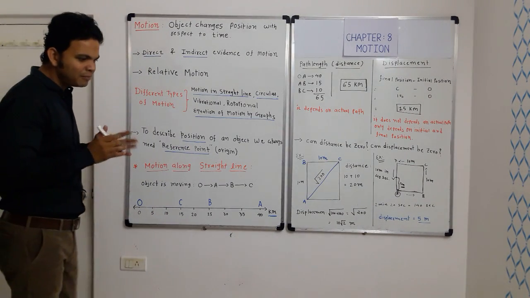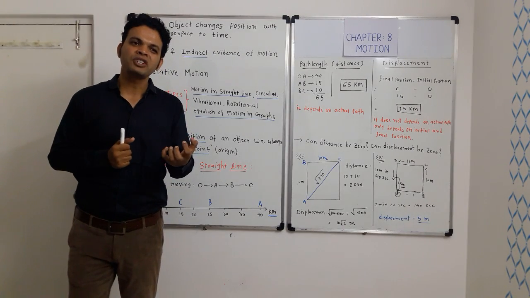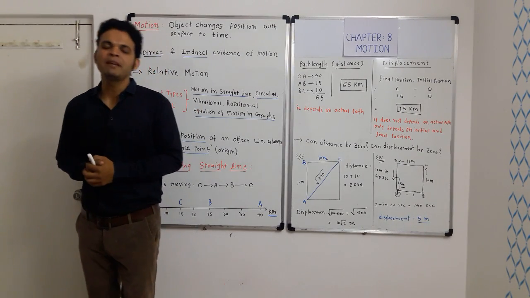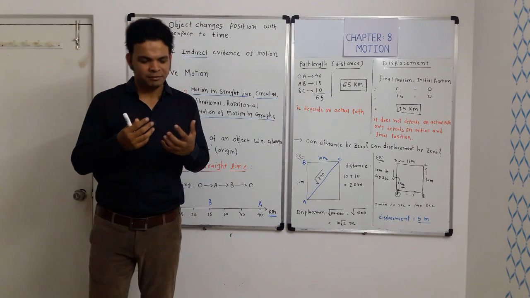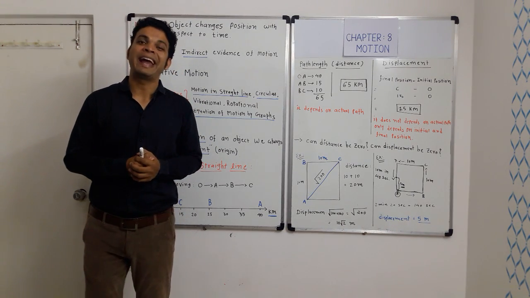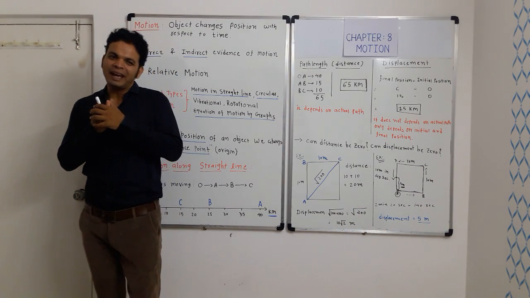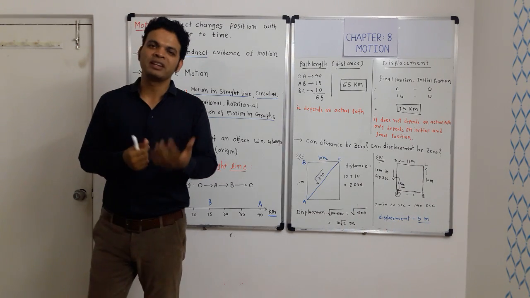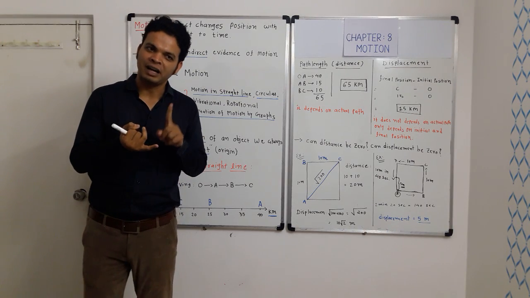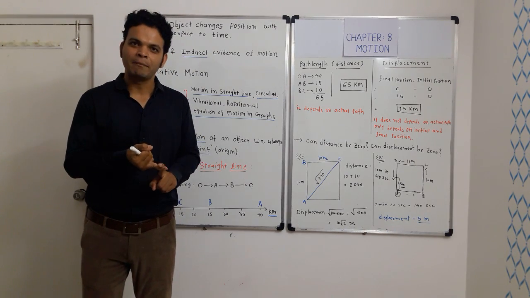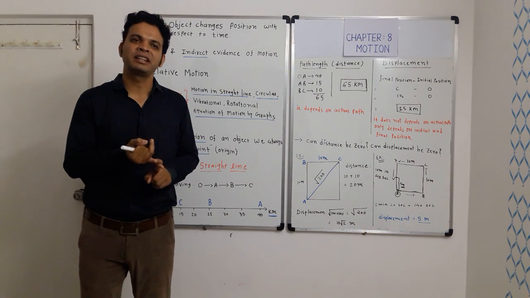Now, to describe the motion, first of all, to locate the position of any object or particle is very essential. For example, we give our address to somebody. When we are giving the address of our house, our residence, there is a specific position, a specific house number, flat number, street or some area and district and town.